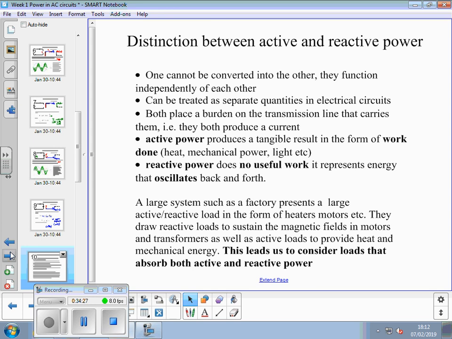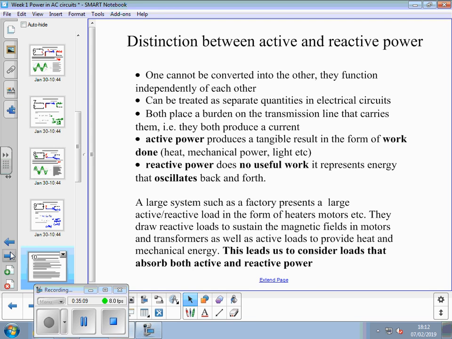Active power produces a tangible result in the form of work done, heat, mechanical power, light, and so forth. Reactive power does no useful work. It represents energy that oscillates back and forth between the source and the load. A large system, such as a factory, represents a large active and reactive load in the form of heaters, motors, etc. They draw reactive loads to sustain the magnetic fields in motors and transformers, as well as active loads to provide heat and mechanical energy.